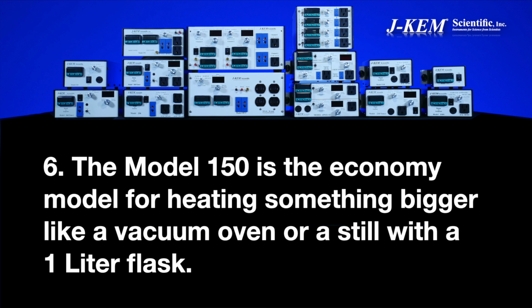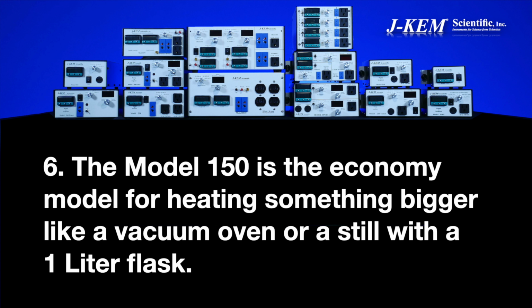J-KEM also has an economy controller, our Model 150. And by economy, you shouldn't think unsophisticated. What we mean by that is the Model 150 does not have the power control computer, which all of our 200 series or our research line of temperature controller has. The power control computer is useful when you're heating volumes lower than a liter, especially when you get down into the low milliliter range.